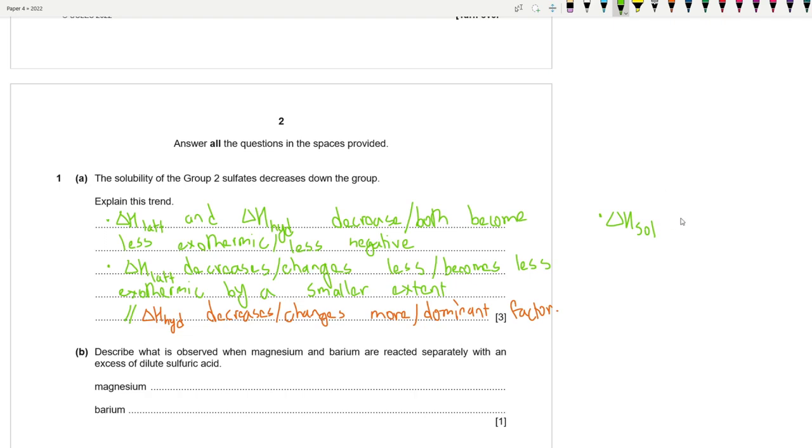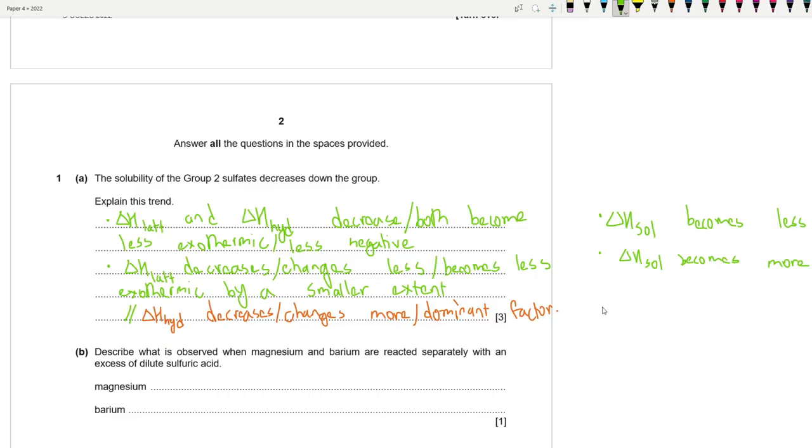So del H sol becomes less exothermic, or you could say that it becomes less negative. Same thing. Or you could say that del H sol becomes more endothermic, or more positive compared to before.